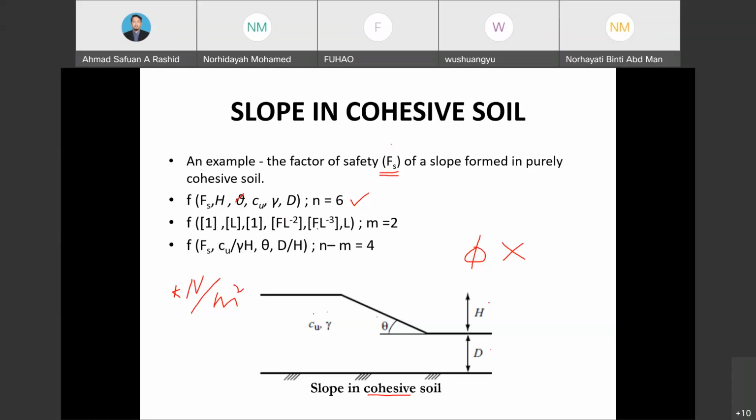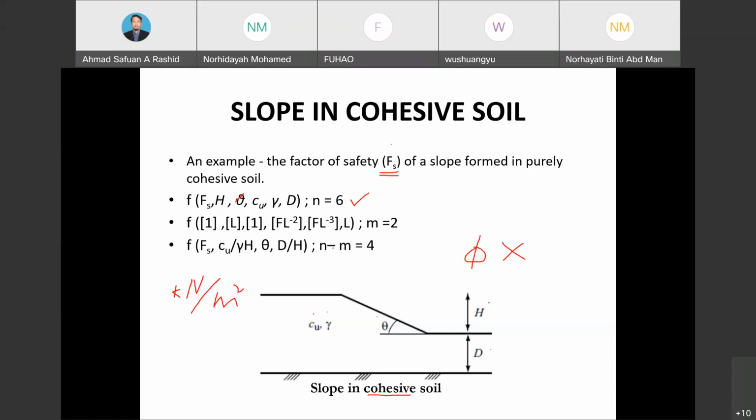Then we have the unit weight, which is kilonewton per meter cubed, so we have F L to the power of -3. The last one is the depth, which is under the geometry, so it is equal to L.